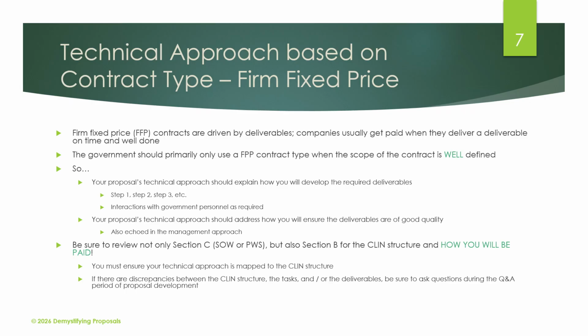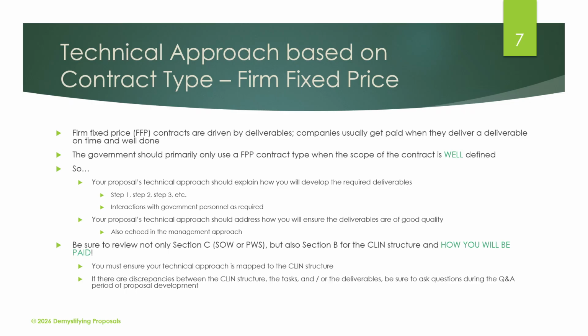So your proposal's technical approach should explain how you will develop the required deliverables. So that step 1, step 2, step 3 should address the required deliverables and any interactions with the government personnel that are required to make those deliverables happen.